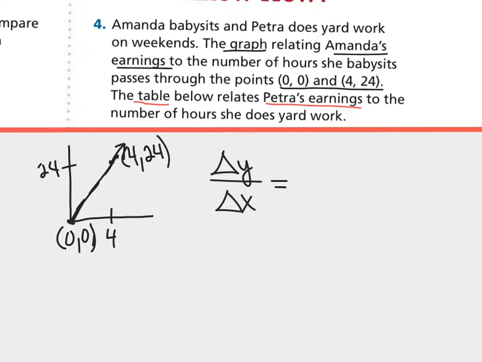So our change in y, we'd be going up 24. And that's nice with 0, 0, you can just see that y value there that you're at. Really what we'd be doing, just for safety's sake, for future reference, because it's not always going to be 0, 0, we could do 24 minus 0.